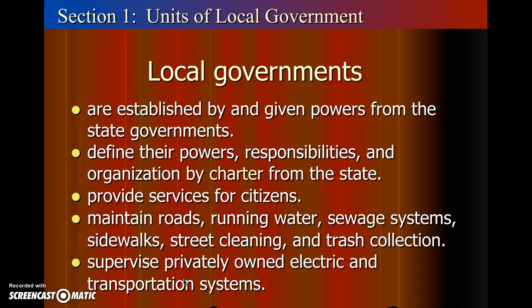Now, the government knows that, so they will set limits. They'll tell a power company that we know you're the only one providing this town with power, but that doesn't mean you can just charge whatever you want. It has to be reasonable. And so the government does watch over that.